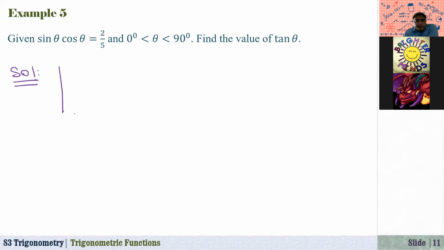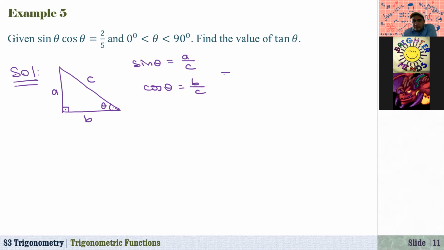Suppose that here we are given a right angle triangle, and this angle is theta. Suppose that this side is A, this side is B and this side is C. Now sine of theta is equal to A over C, and cosine of theta is equal to B over C. And what is given here?